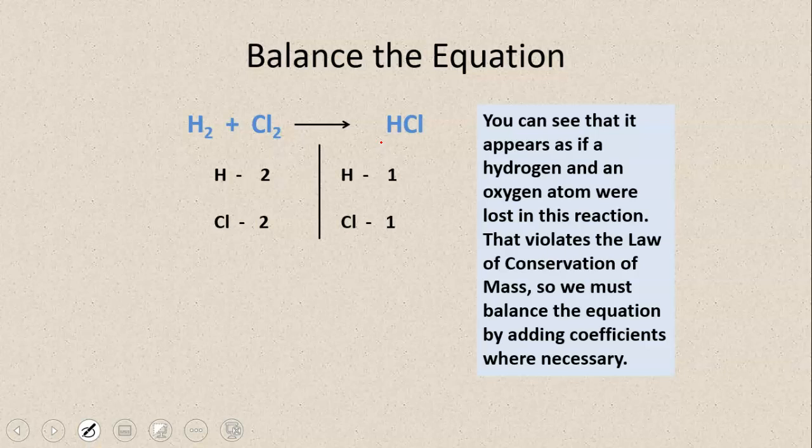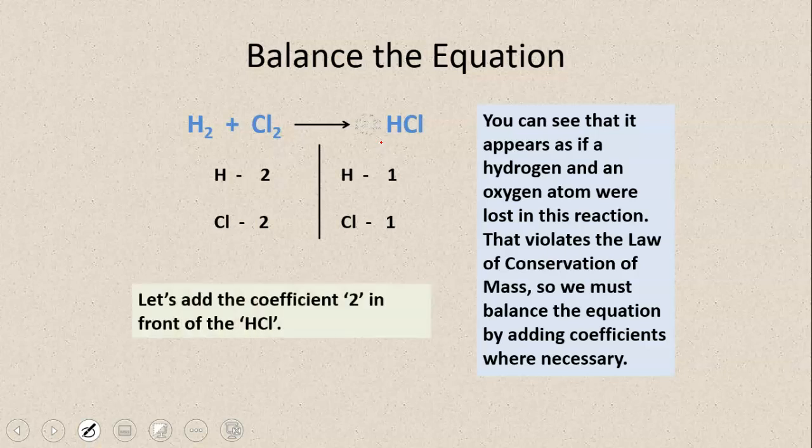If we have 2 hydrogen on this side and 2 chlorine on this side, we're going to need 2 hydrogen and 2 chlorine on the product side, because we can't destroy anything, so all we can do is increase the numbers. We can't decrease them. So we're going to put a coefficient of 2 in front of the molecule HCl.